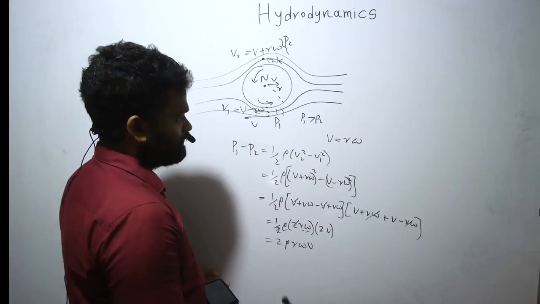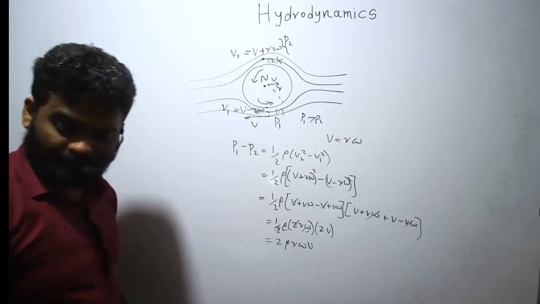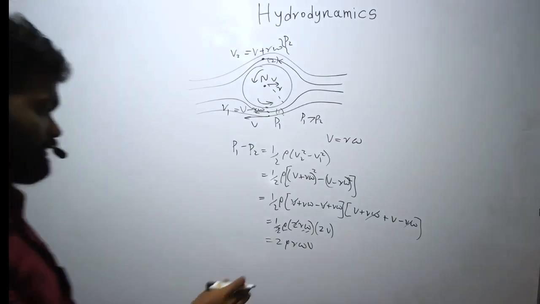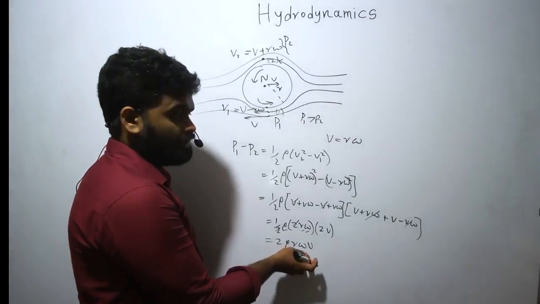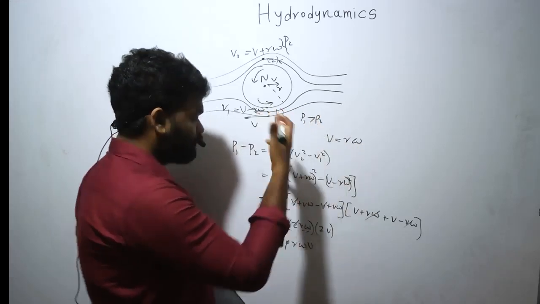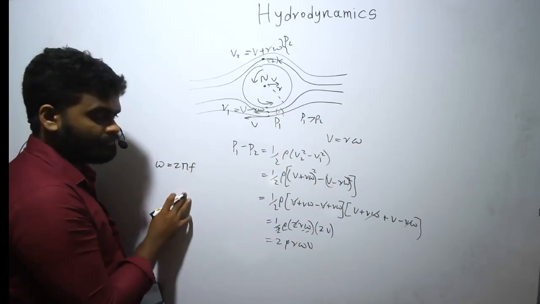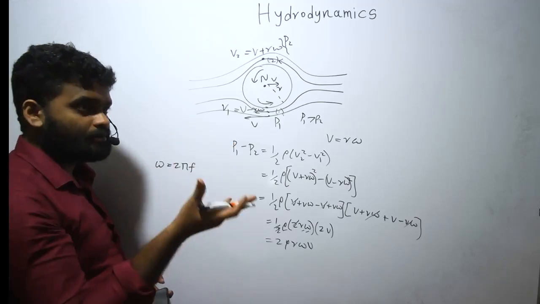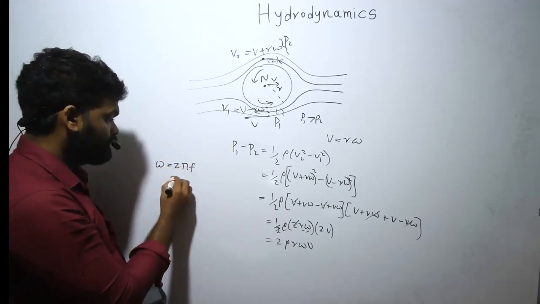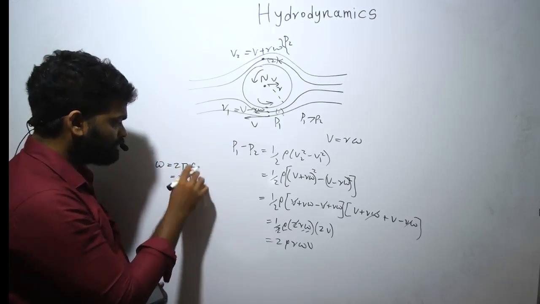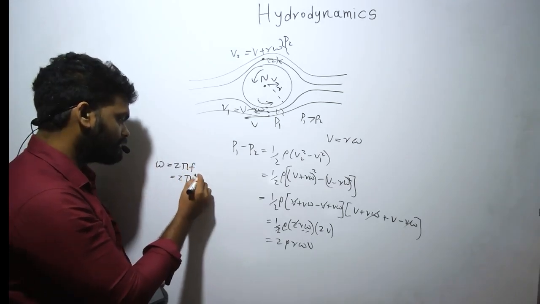Then, but in the answers, there's no omega term, right? So for omega, you can consider this one, right? You know that 2 pi f per second, there are N number of rotations. So you can consider that rotational frequency as capital N, right?